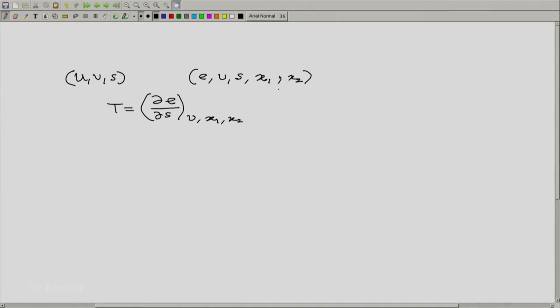If you extend the list of independent variables here, one pertaining to each two-way work mode, that list will also have to be extended here. And also the definition of pressure would be minus partial of E with respect to V, not only at constant S but also at constant x1, x2, etc.